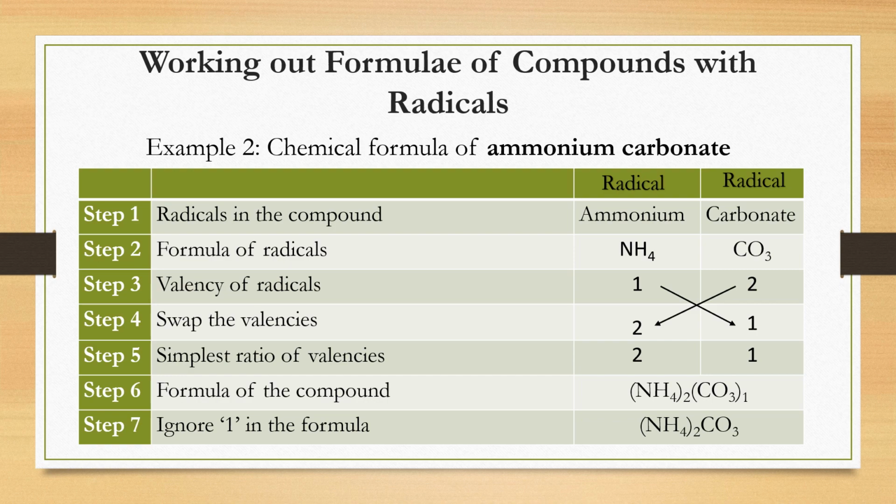Another example is ammonium carbonate. Ammonium carbonate consists of 2 radicals, the ammonium radical and the carbonate radical. Ammonium has formula NH4 and carbonate has formula CO3.